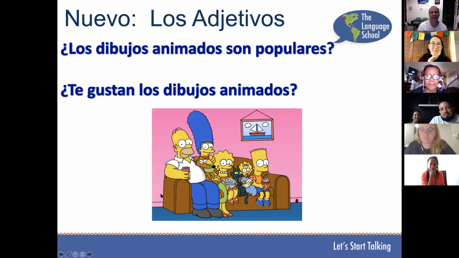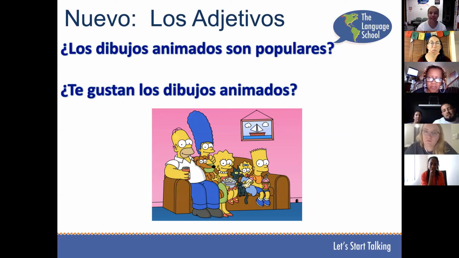It's a good one. Andrea, ¿los dibujos animados son populares? Oh, is it cartoon? Are cartoons popular? Sí, los dibujos animados son populares. Dibujos animados.